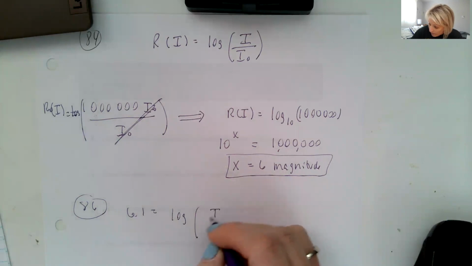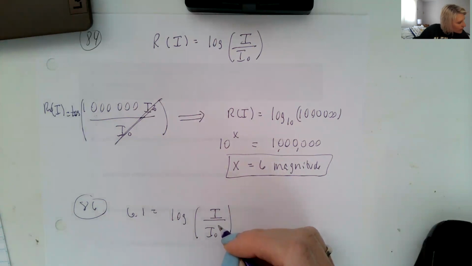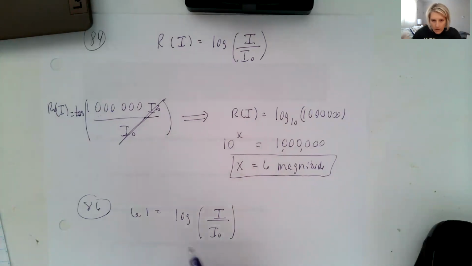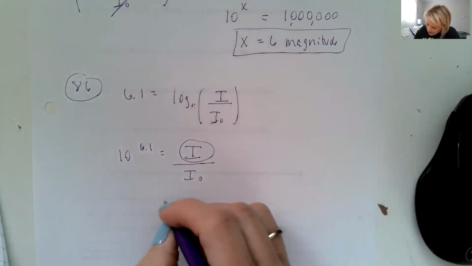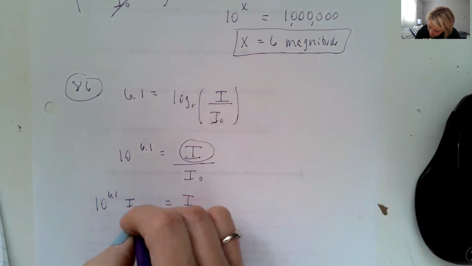The ratio of I over I0. And they want us to express its intensity in terms of I0. Okay, so we know that 10 to the 6.1 equals I over I0. And so if we want to solve for its intensity, we can say 10 to the 6.1 times I0.